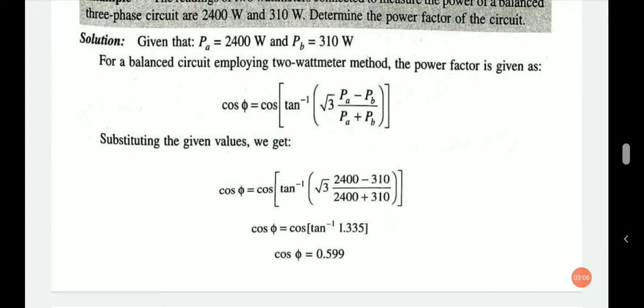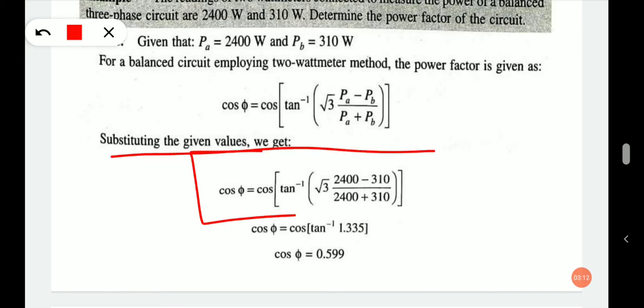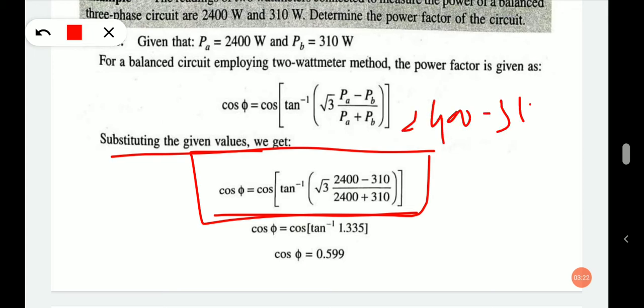So if we substitute the values, we get cos phi equals cos of tan inverse of root 3 times (2400 minus 310) upon (2400 plus 310).